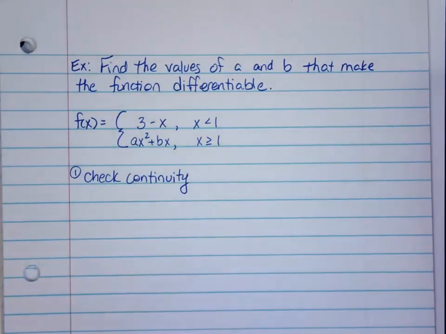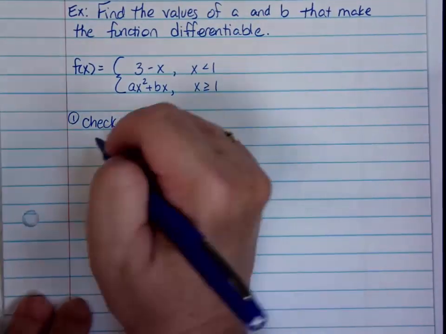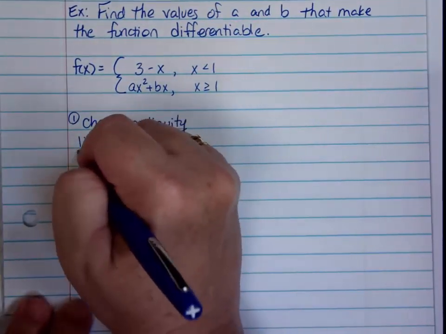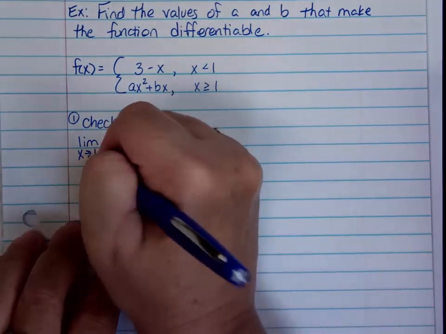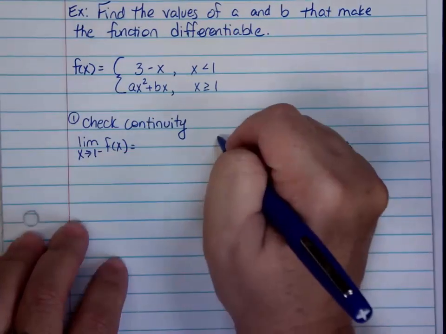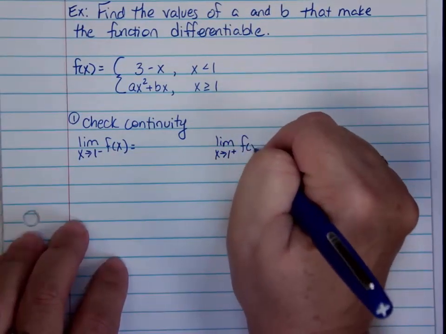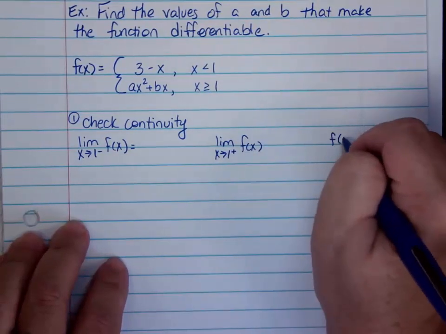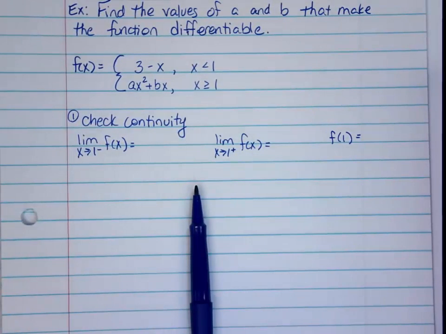So we need to do the limit as x approaches what number? 1, because 1 is the only point in question. The limit as x approaches 1 from the left of the function, and then the limit as x approaches 1 from the right of the function, and then f of 1. So we're going to do those three: left-hand limit, right-hand limit, f of 1.